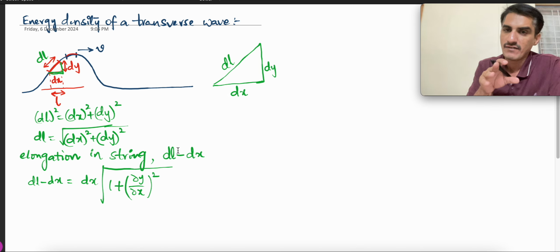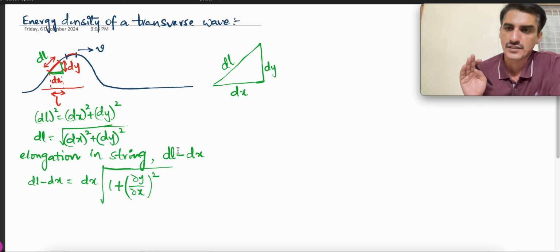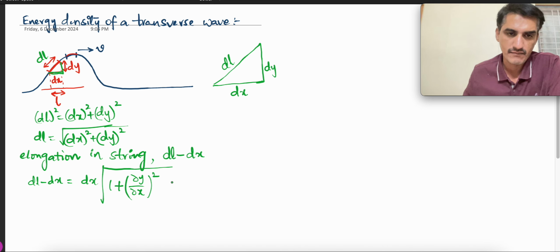That's why, while we are differentiating either with respect to x or with respect to t, we need to take only partial differentiation. So 1 plus dou y by dou x whole square, minus dx. Do you understand this?